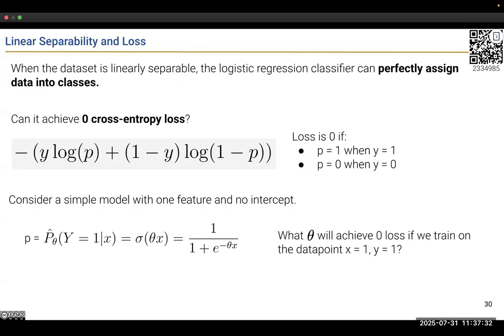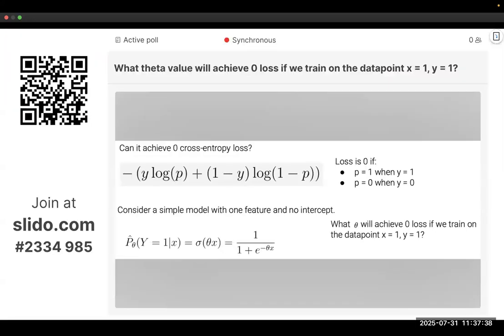In that case, what is the theta that will give you a 0 loss? That's a Slido question, so take a minute or two. This one does require a little bit of calculation, so talk to your neighbors, try some calculations and see what happens.